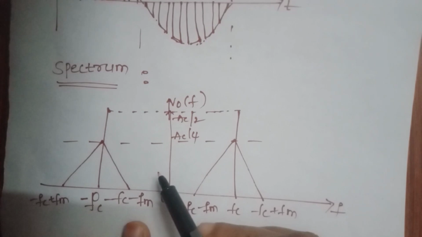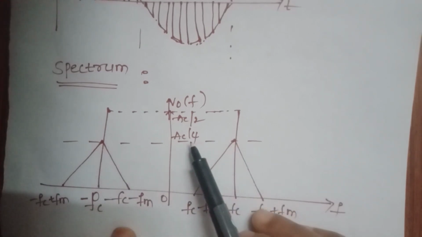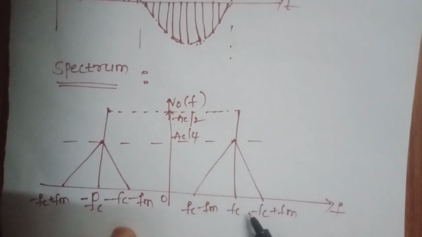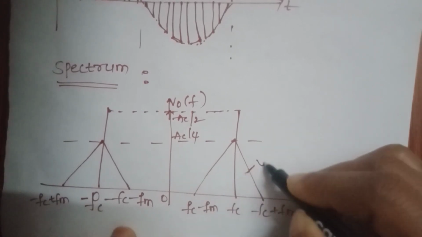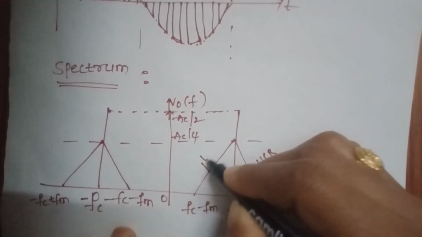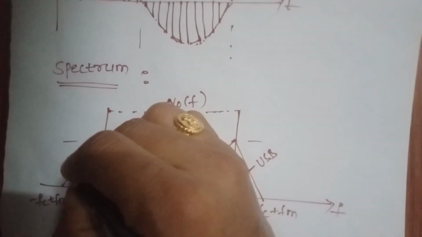Next locate the amplitude of the side bands, that is Ac by 4. Then find the positive side frequencies and negative side frequencies, that is fc plus fm and fc minus fm, and on the negative side minus fc minus fm and minus fc plus fm. So this one is our USB, and this one is the LSB.